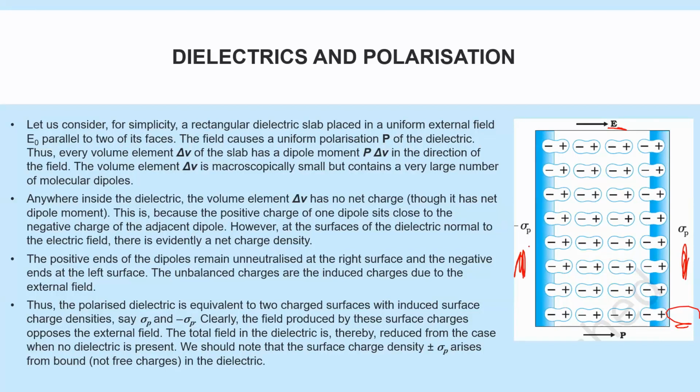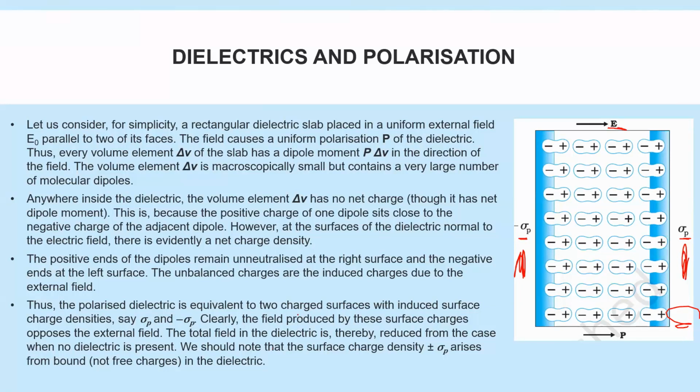The unbalanced charges are the induced charges due to the external field. Thus the polarized dielectric is equivalent to two charged surfaces with induced surface charge densities, plus sigma p and minus sigma p. The plus sigma p is due to the positive charges on the right side, and the minus sigma p is due to the negative charges on the left side. So these are the two surface charge densities that we get.